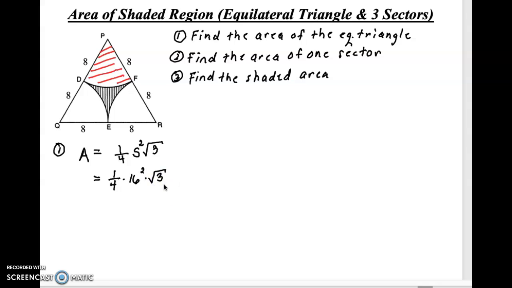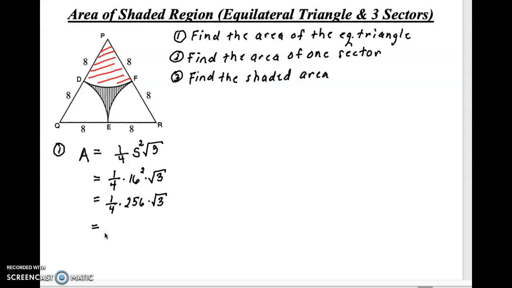Now, we know 16 squared is 256. If you need your calculator, go ahead and do that. So we have 1/4 times 256 times √3. And then let's do 1/4 times 256. So 1/4 is really 0.25.